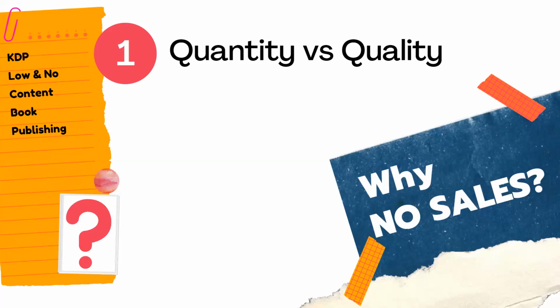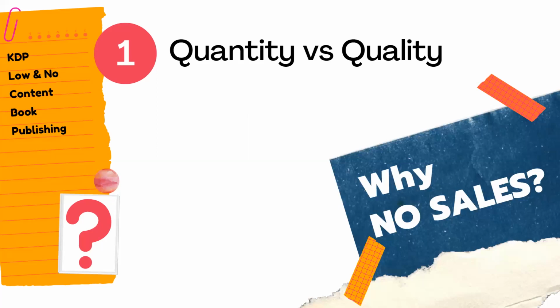So yes, this is the number one mistake that as a beginner we generally make. We focus more on quantity instead of quality. When I say quality of the book, that means the book cover, book interior, book title, book description, the keywords and everything. It should be a quality book altogether.